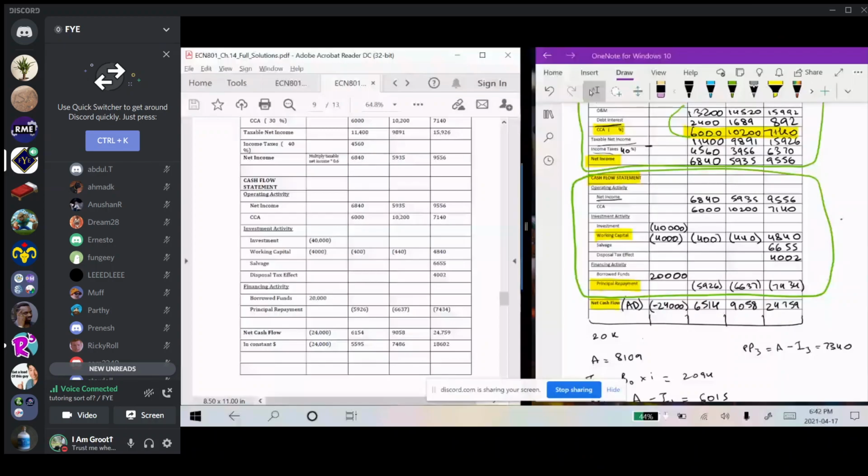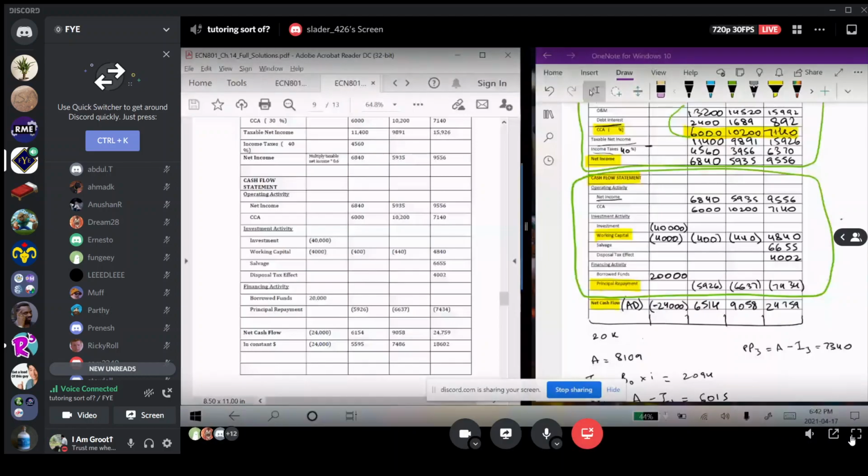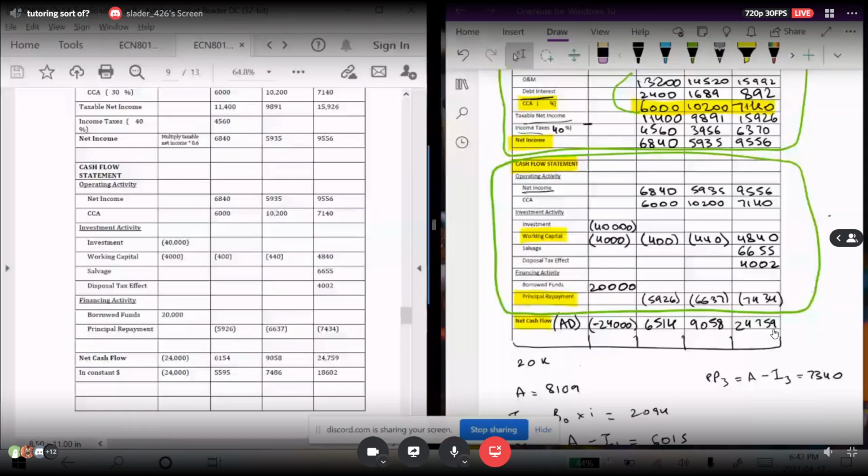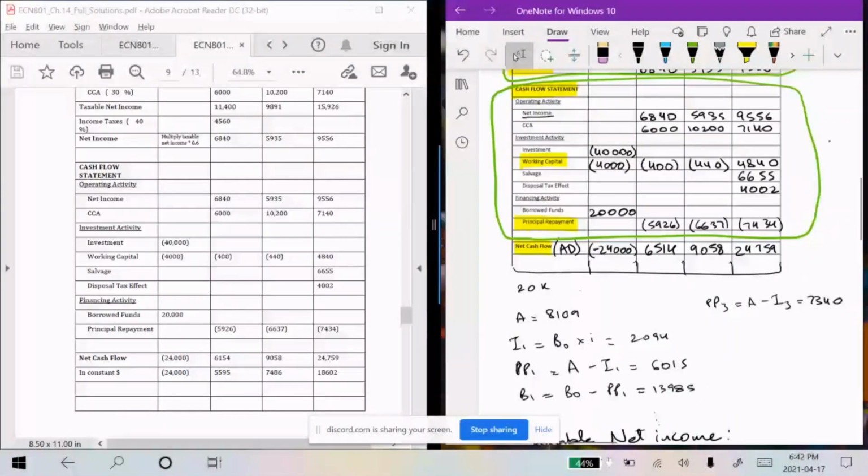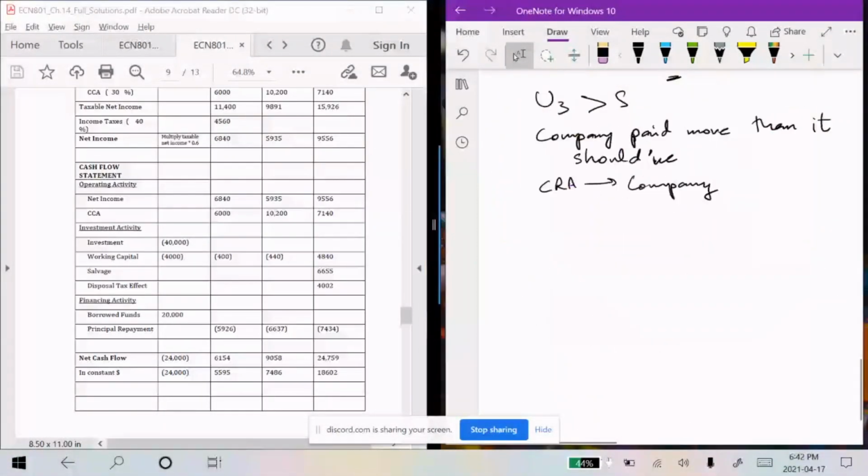Recording is going. Okay. The next thing we need to do is calculate the net cash flow in constant dollars. So the thing about actual dollars is, like I said earlier, it's gonna include inflation. So we need to find out constant dollars without the inflation.